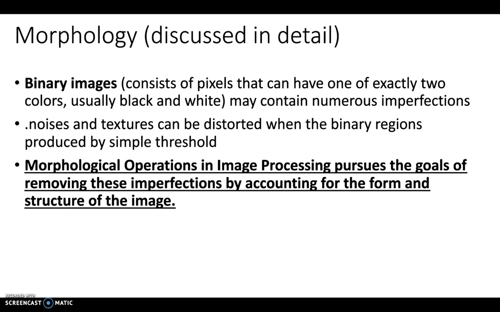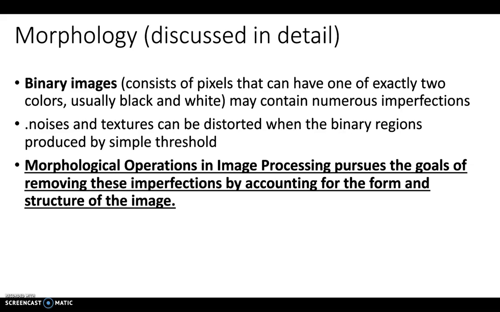Moving towards the main part of the discussion, which is morphology. A binary image generally consists of pixels that can have one of exactly two colors, usually black and white, that may contain numerous imperfections. Noise and textures can be distorted when binary regions are produced by a simple threshold.